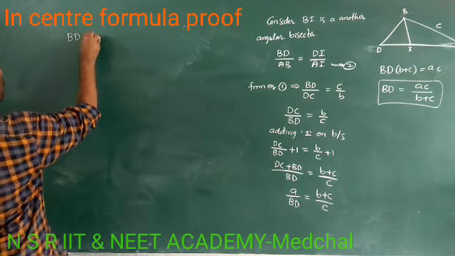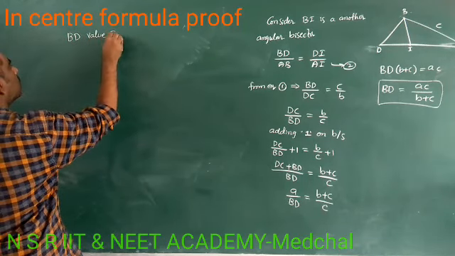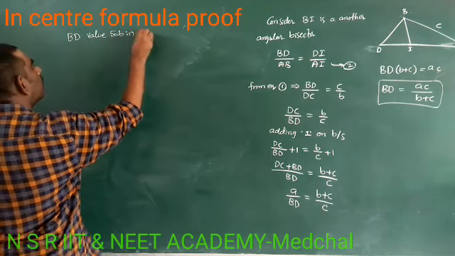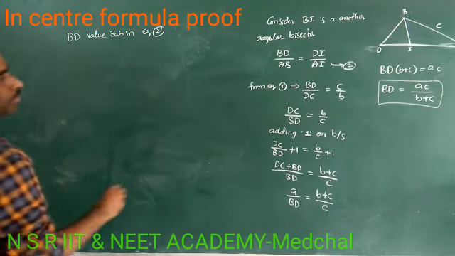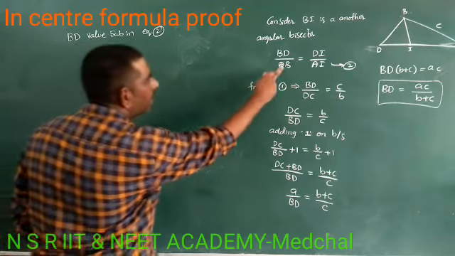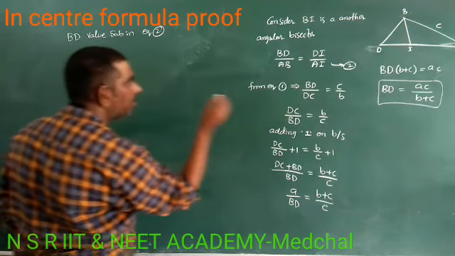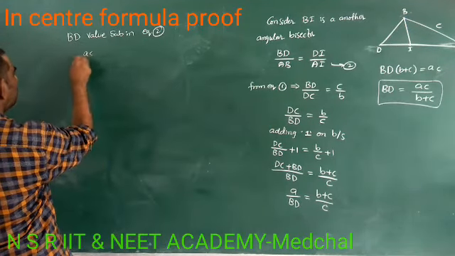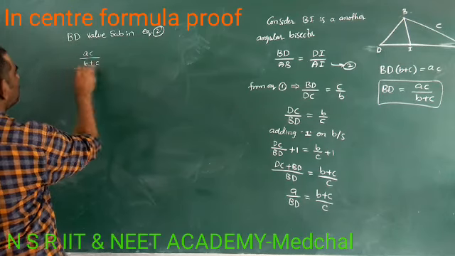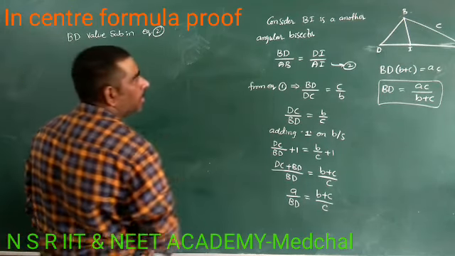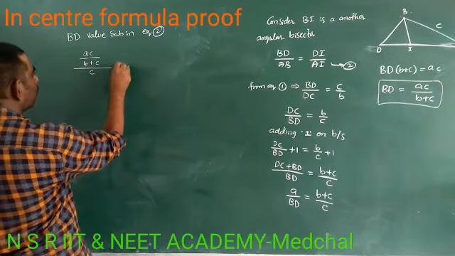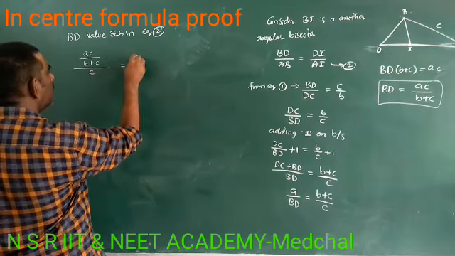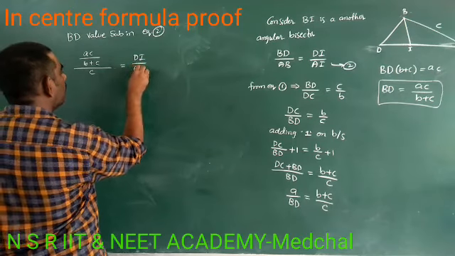In equation 2, BD by AB, with BD value AC by B plus C, and AB length is C, equals DI by AI.